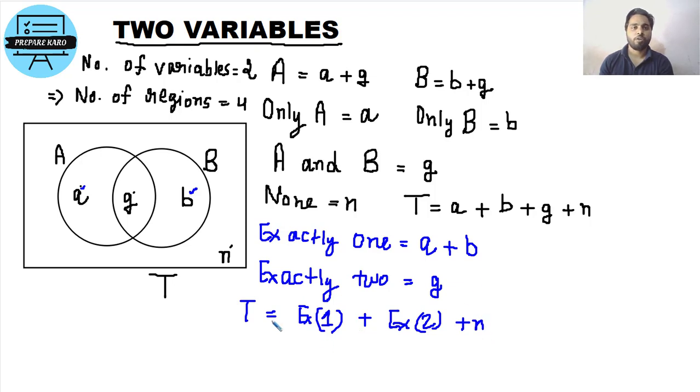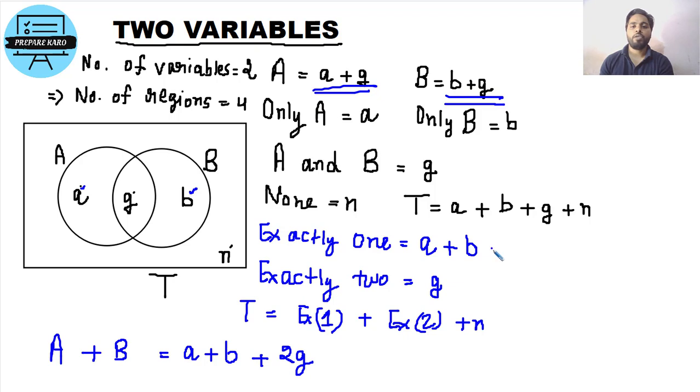Now, in the end, you can say capital A plus capital B, the arithmetic sum of A and B. So A is this and B is this. If you add both, you will get a plus b plus 2g, but a plus b is exactly 1, and plus twice g is twice exactly 2.